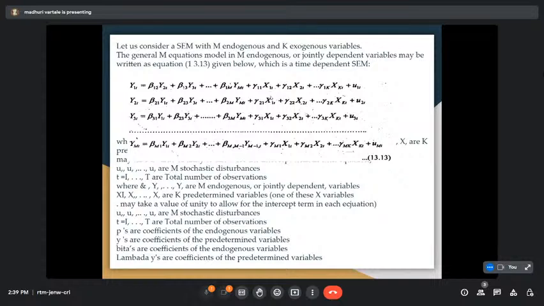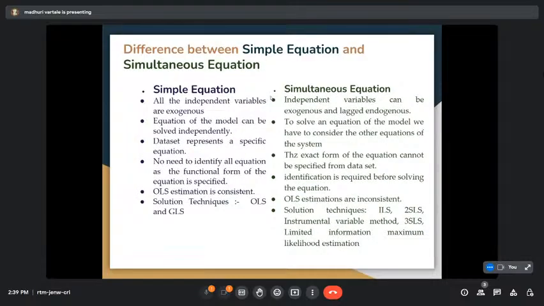So beta is the coefficient of the endogenous variables and lambda is the coefficient of predetermined variables.